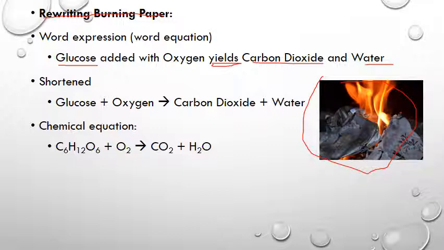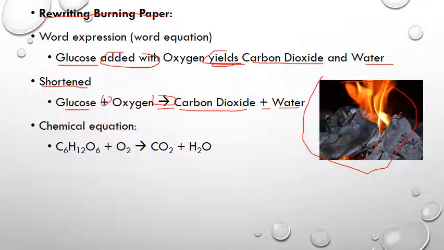For shortness, instead of using the words added with and yield, we're going to use a plus and an arrow here. This doesn't mean plus exactly; it's combined with. So glucose is chemically combined with oxygen, and it yields carbon dioxide and another new product, water.